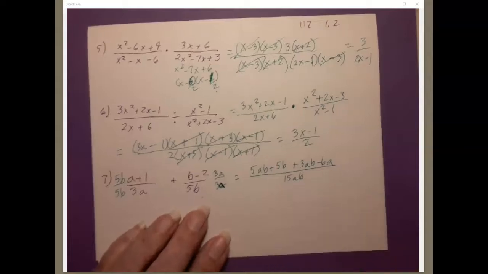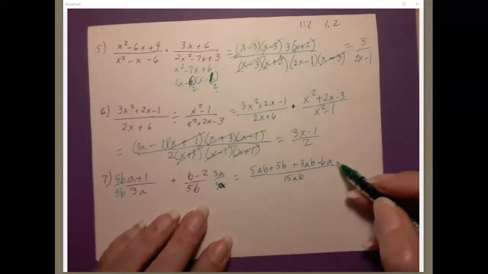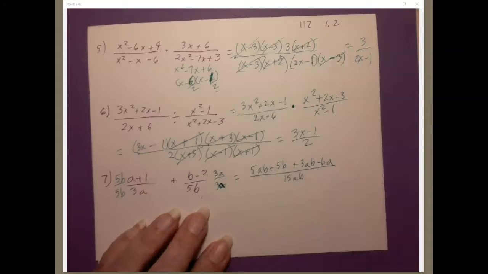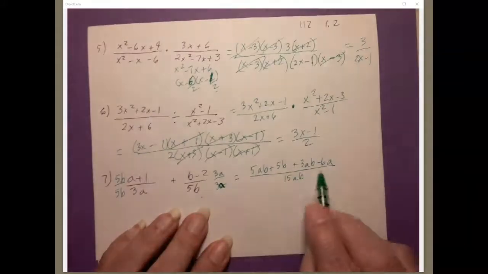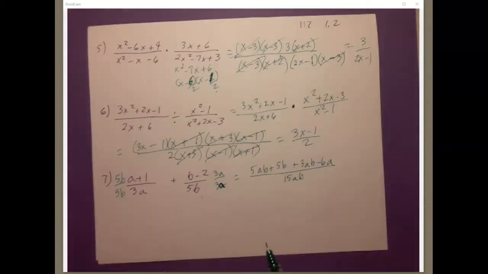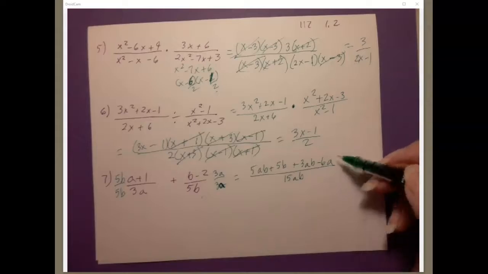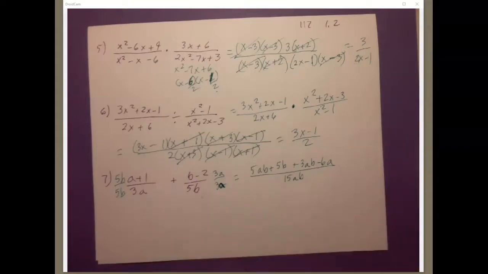They're both in the same unit. Now I can see there's nothing that I can simplify here, so I'm done with this. There's no a that I can pull out because not all of them share an a, not all of them share a b, and they don't share the same numbers. So I'm done with that. I don't like it. It looks less simplified to me than the original did, but I don't have to like it for it to be right.